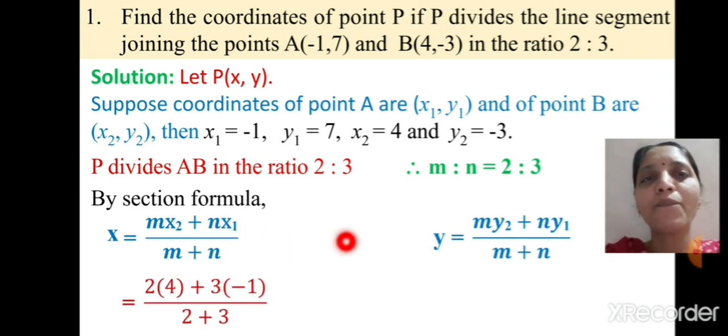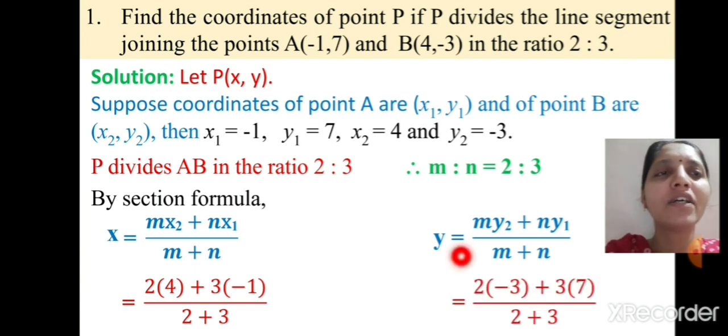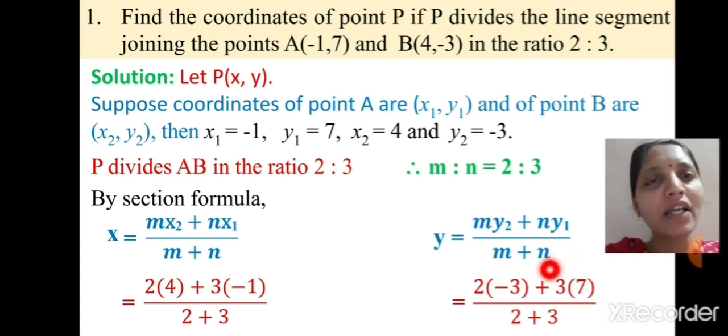So here m is 2, so 2 into 4 plus n is 3, so 3 into -1 upon 2 plus 3. And in the y coordinate, m is again 2 into y2 is -3 plus 3 into y1 is 7 upon 2 plus 3.